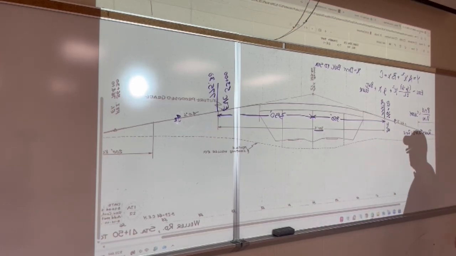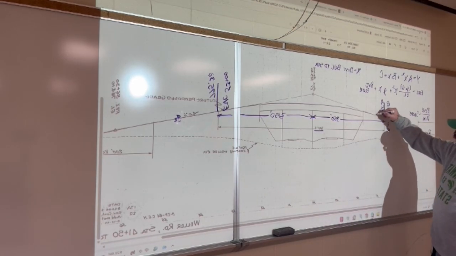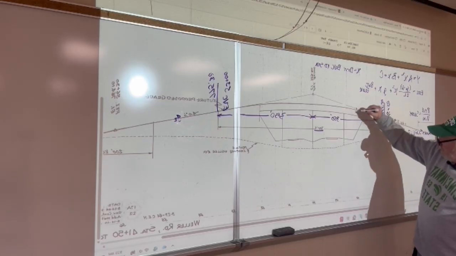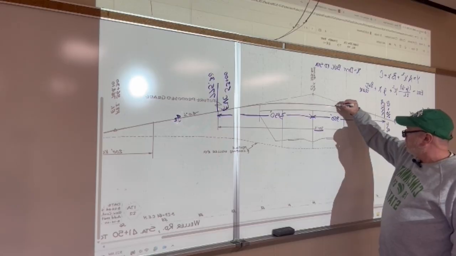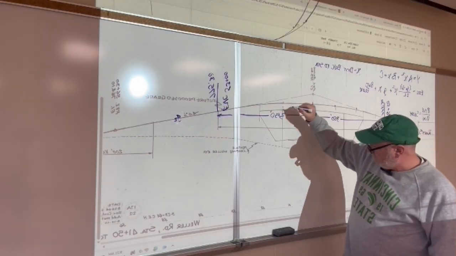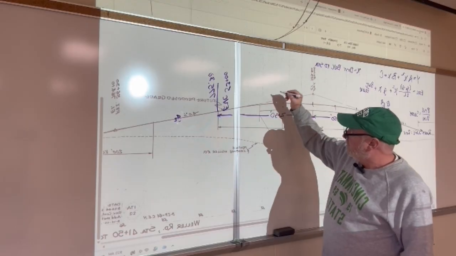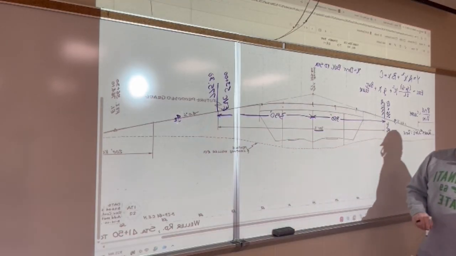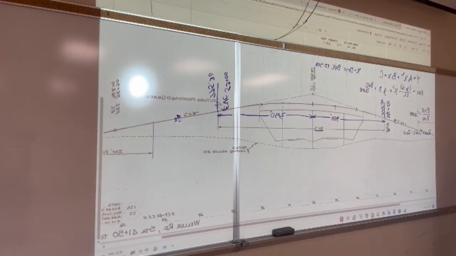So what we want to calculate are the elevations at stations 47 plus 00, 48 plus 00, 49, 50, 51, and 52 along that vertical curve, which is a parabola.